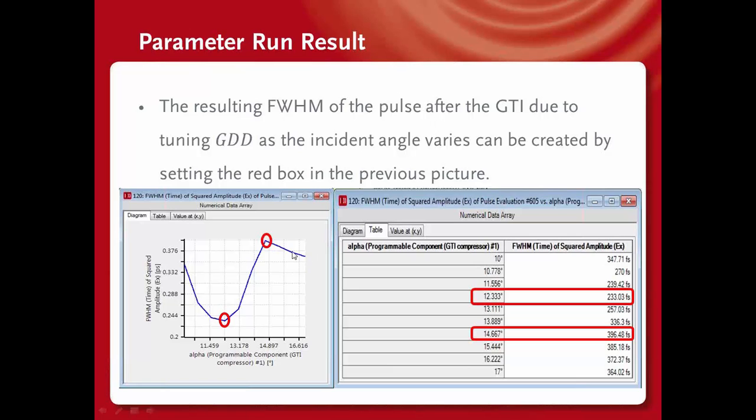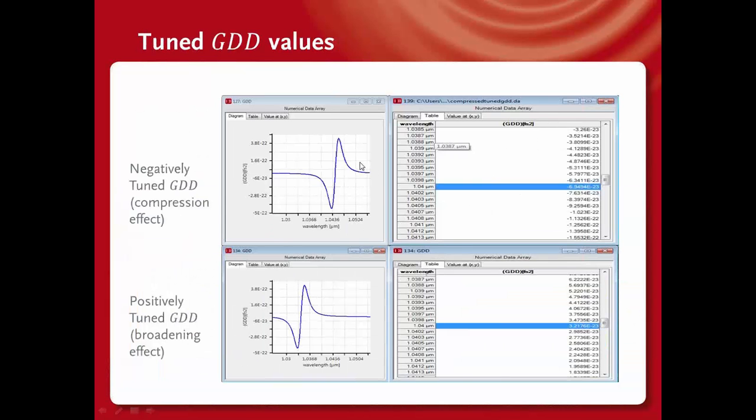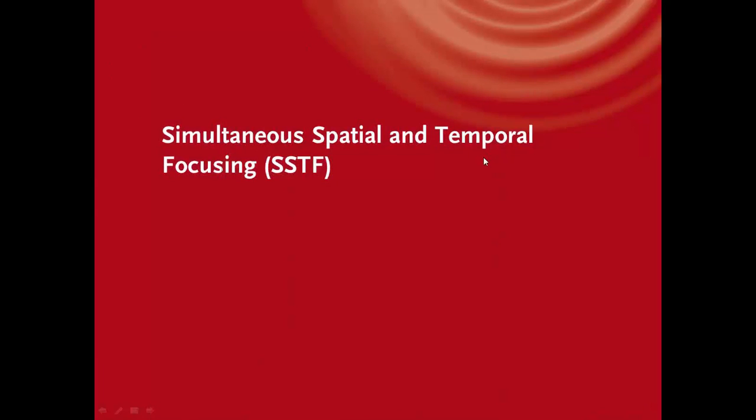This is due to the fact that if you go from the minimum to the maximum, you also tune the GDD from a negative region to a positive GDD, and that's why you get this pulse stretching instead of the shortening of the pulse.